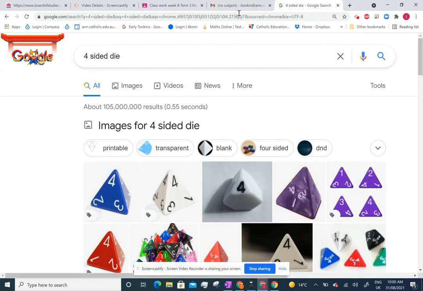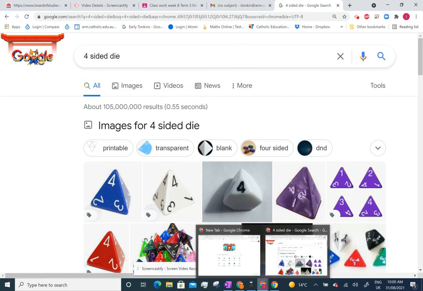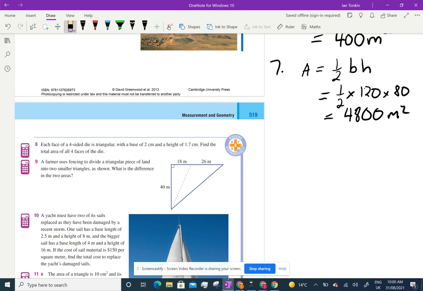Now you can see them. All right, 4-sided die. So now I'm going to draw one. And I've got 4 triangle faces, and they tell me that the base is 2 and the height of each face is 1.7.